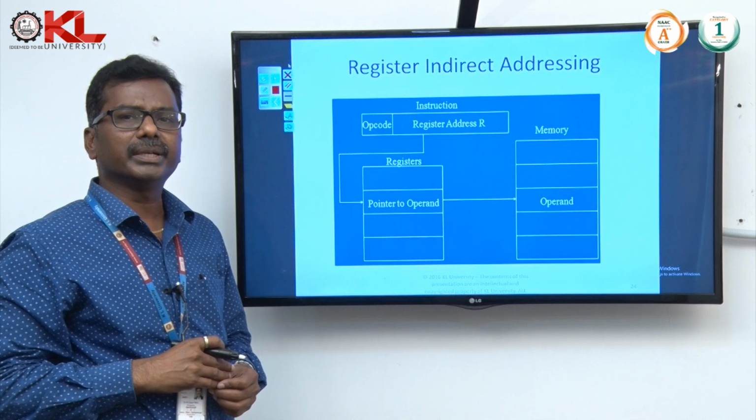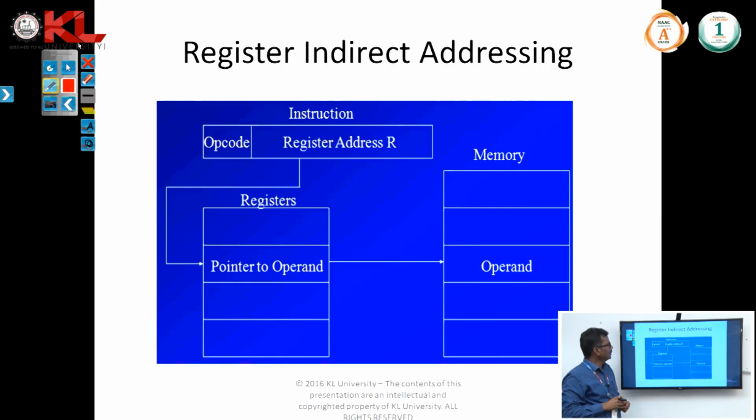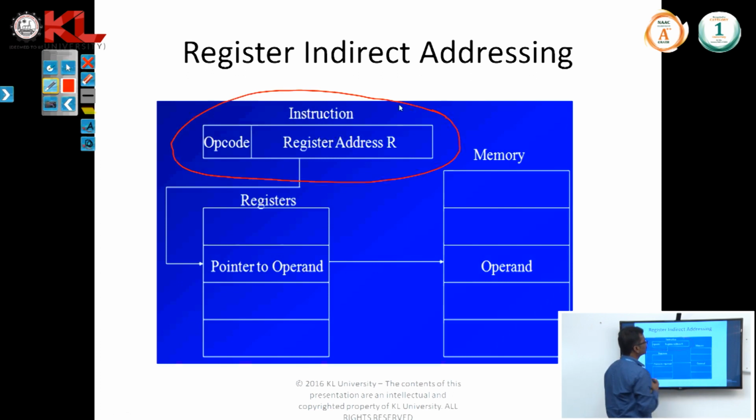Next, register indirect. Register indirect means it is once again two references. For example, let us consider this is our actual instruction format that consists of two fields, one is the opcode field and the other is the address field.